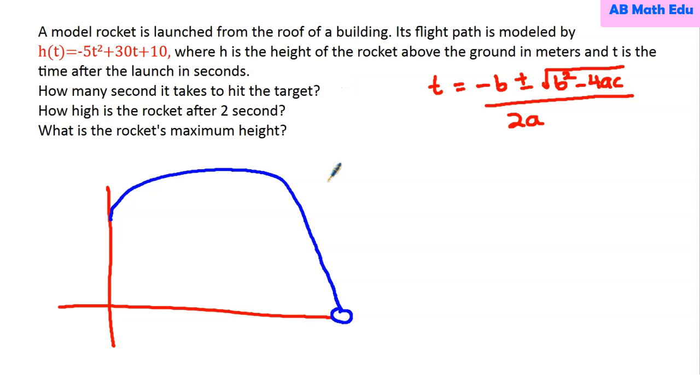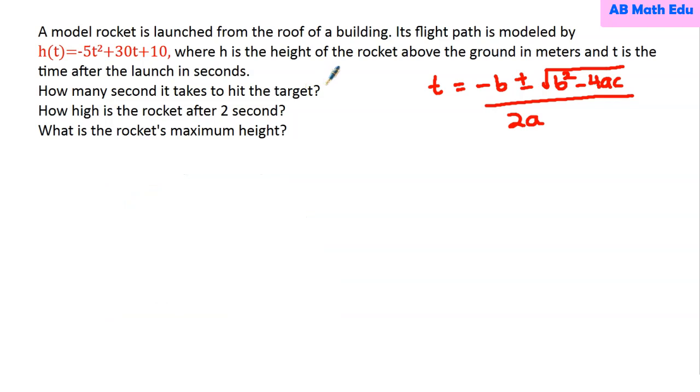The computer is going to do all this for you, like in the actual military aspect of it, but you have to know what is behind the computer, and that is what we are going to do right now. So when it hits the target, which is on the ground, h of t is equal to 0. When it hits the ground, there will be no height.